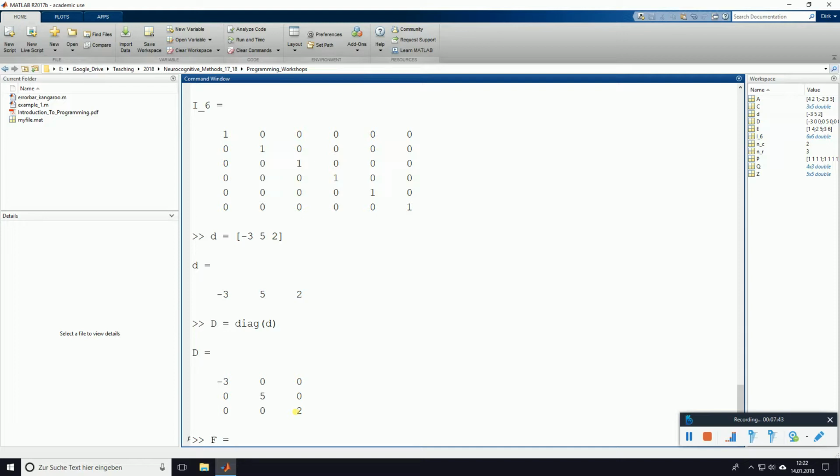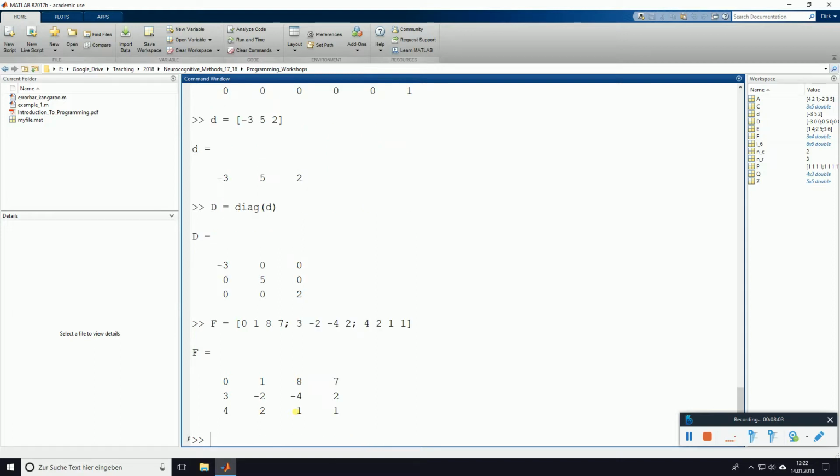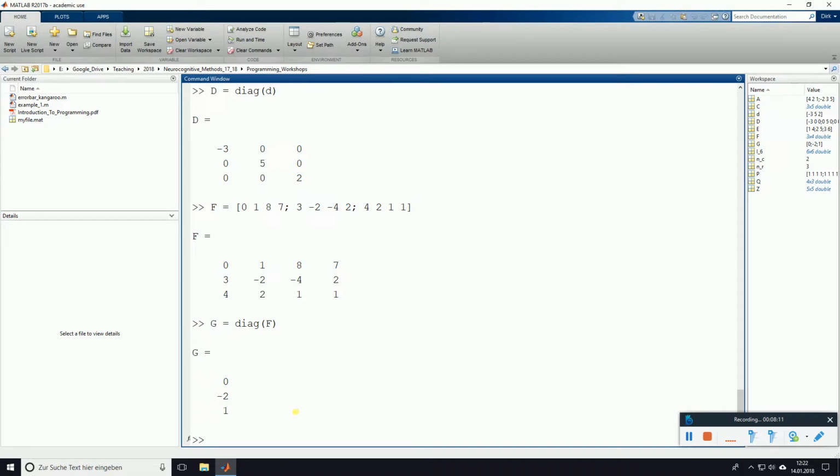So, for example, if we have this matrix that I'm currently writing up here, then we extract the diagonal from that matrix.